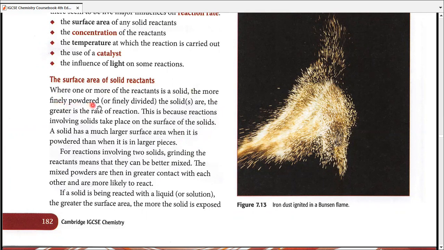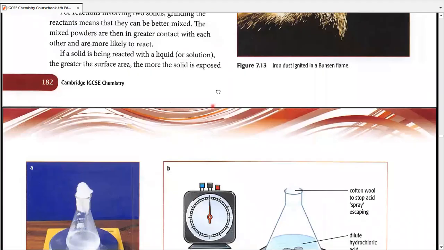We can take finely divided powder, finely divided solids. We can take their larger lumps or pieces. So it is actually going to be a different surface area. Solid has a much larger surface area when it is powdered, or it has a much smaller surface area when it is in larger pieces. So this is going to be a different rate of reaction. Let's consider.